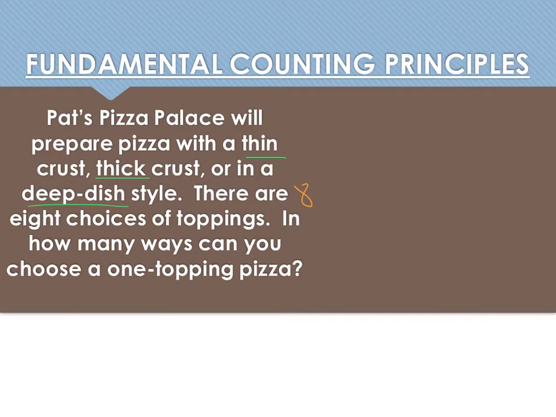So a lot of you might want to go ahead and get started and think, okay, if I get a thin crust, technically I could pick from 8 different toppings. So you know that there's 8 different things you could put on a thin crust. So you have 8 options when it comes to thin. With thick crust, again, you have 8 options when it comes to thick.